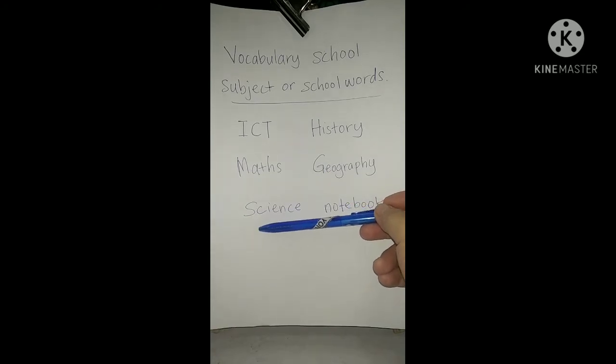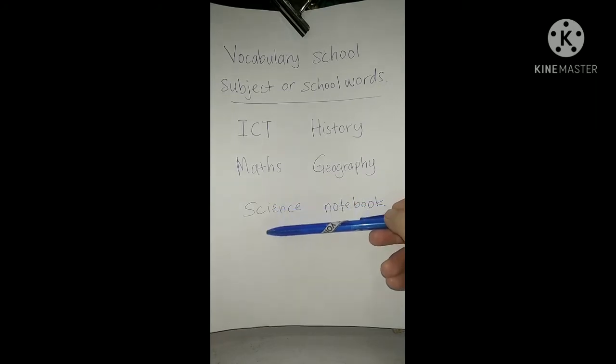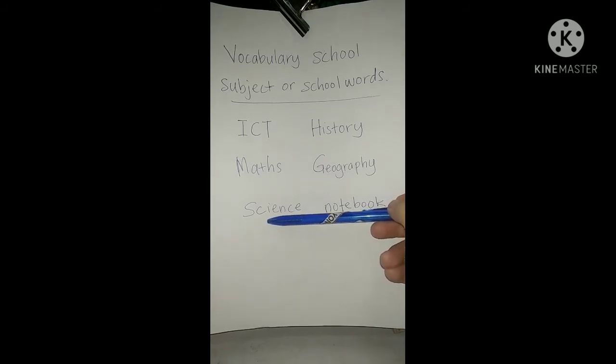Something where you always do experiments in the lab, investigating about life, about humans and also animals and all the things in the world. That is science. And then the last one here is notebook.